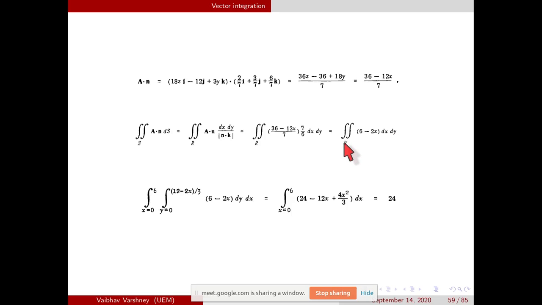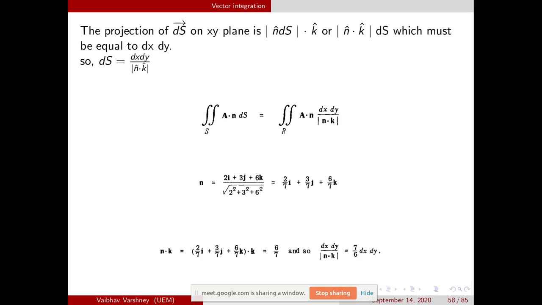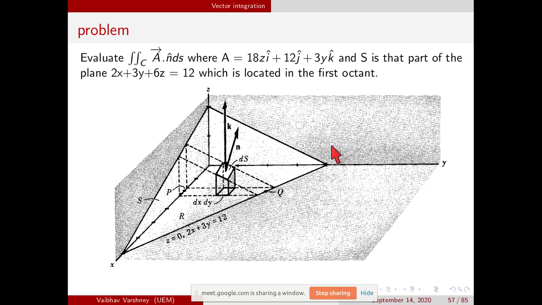And now we have to integrate this. So for integration we need limits. How do we calculate the limits? See, we are integrating through the xy plane. In the xy plane z will be 0, so this term will go. So this will be 2x plus 3y is equal to 12. So if we calculate the limit of y in terms of x, it will be y is equal to 12 minus 2x by 3.